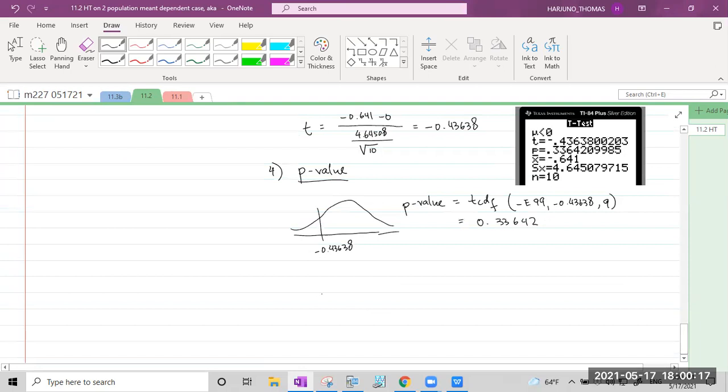Okay, now step 5, because the alpha, by the way, is 10%. So the informal conclusion: failed to reject the null hypothesis.